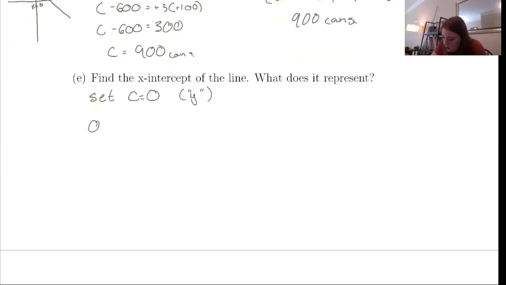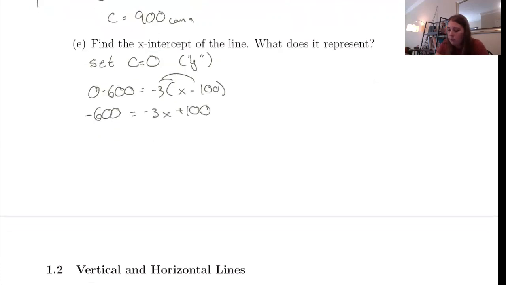So we're going to have 0 minus 600 equals -3 times (x minus 100). I'm going to distribute this -3. So -600 equals -3x plus 300. Negative times a negative, do not drop that negative. Okay, then I'm going to subtract 100 from both sides.